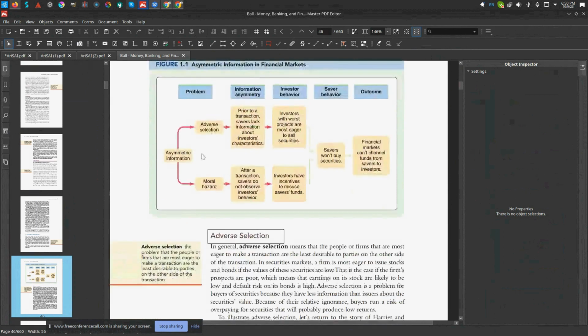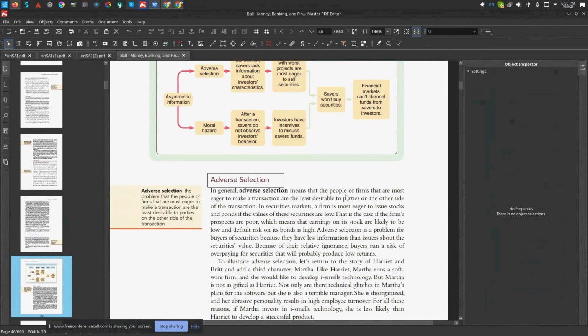Let's keep looking. In general, adverse selection means that people and firms that are most eager to make transactions are the least desirable to parties on the other side. Let me say this slowly. In general, adverse selection means that the people or firms that are most eager to make transactions are the least desirable to parties on the other side of the transaction. In security markets, a firm is most eager to issue stocks and bonds if values of the securities are low.